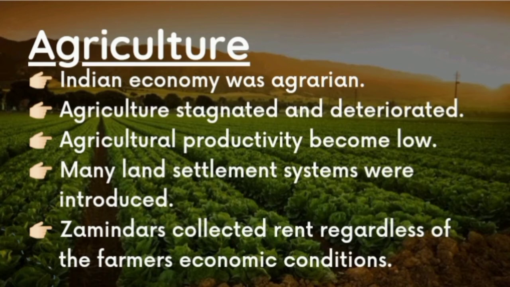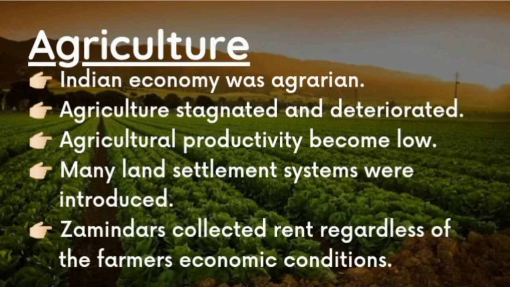Then many land settlement systems were introduced in India, like the zamindari. The zamindars collected rent regardless of the farmer's economic condition. Whether the farmer was in good economic condition, or whether he was rich or poor, that was not a matter.